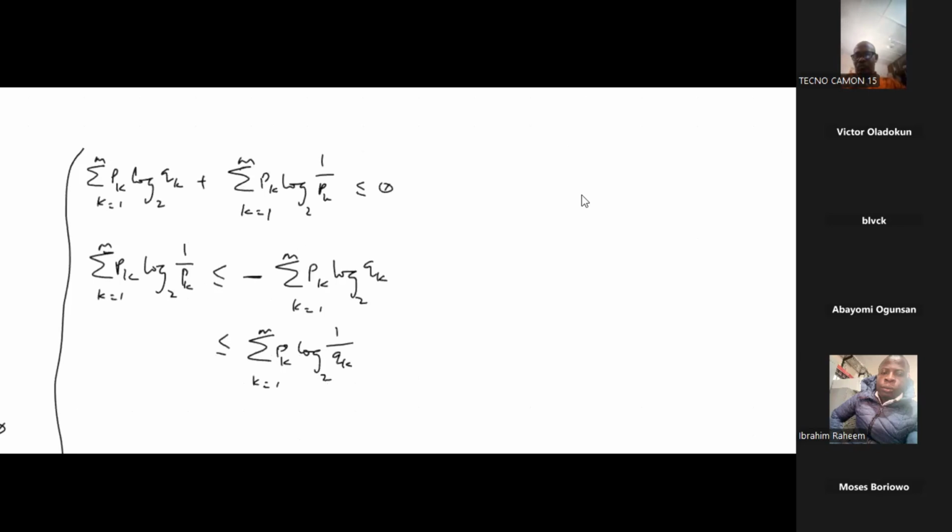Yes, sir. Okay. Now, if that is clear, then it means that sigma p sub k for k equal to 1 to m, log 1 over p sub k base 2 is less than or equal to, in this case, the expected value, which is p sub k.